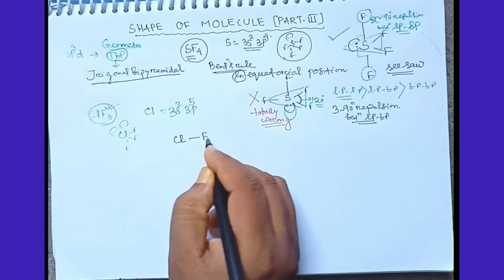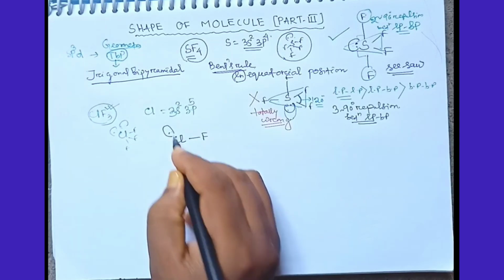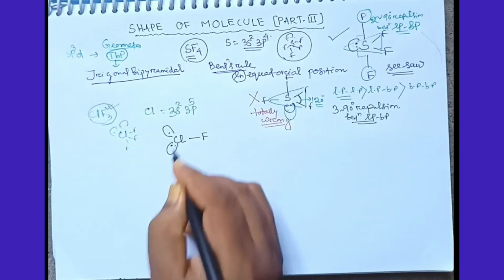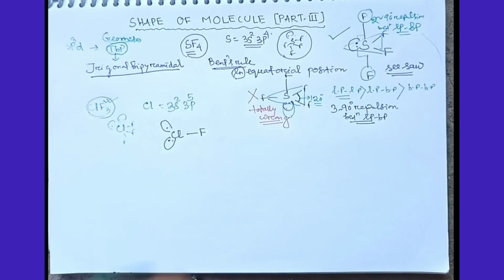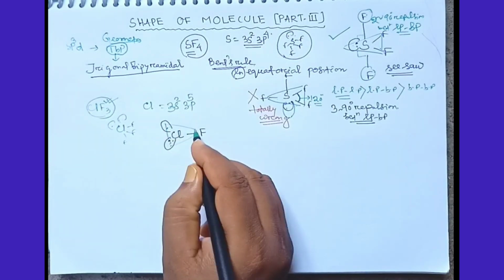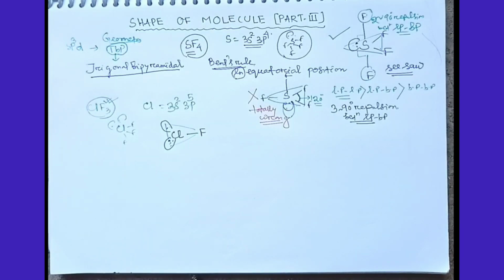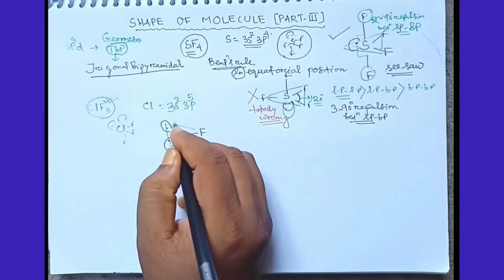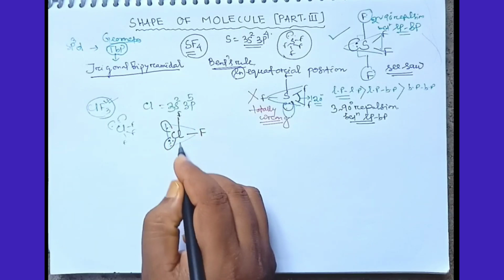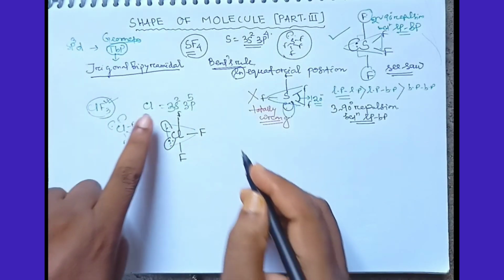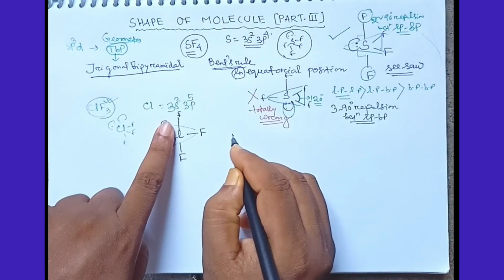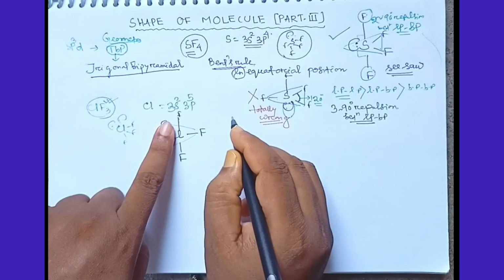We will put 1 fluorine and 2 lone pairs in a single plane. Okay, so this is our trigonal plane, and the remaining 2 fluorine atoms I will keep in the axial position. So if we forget about the lone pairs, how is the shape looking?